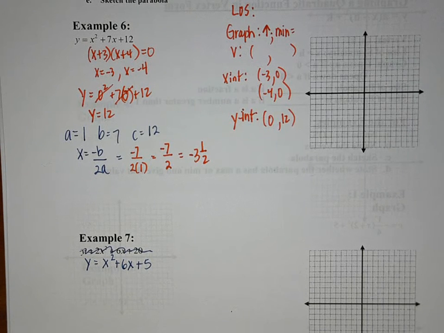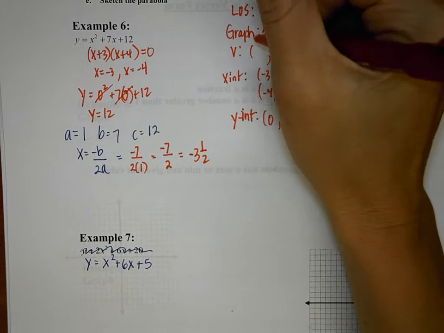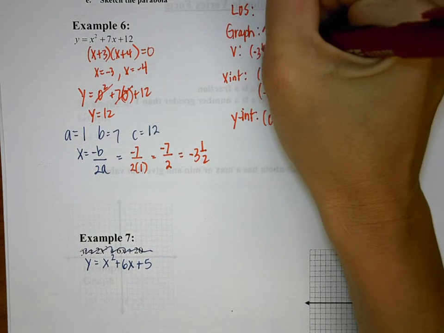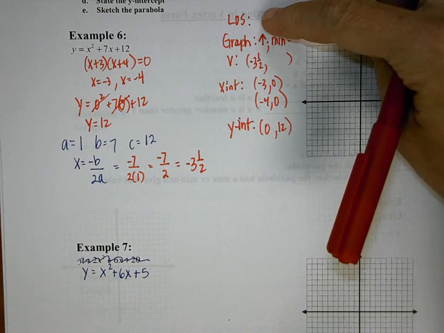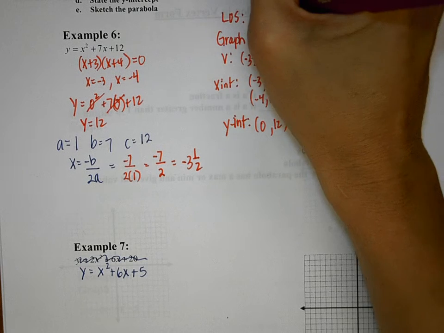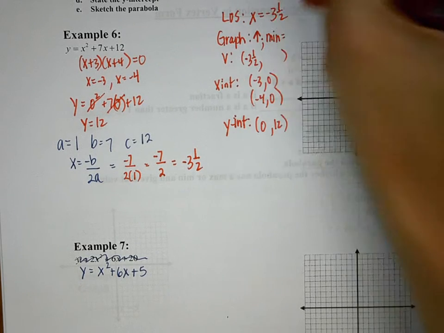So where do I put that? In the x of the vertex, right? -3.5, and that also represents my line of symmetry, so that's going to be x equals -3.5.